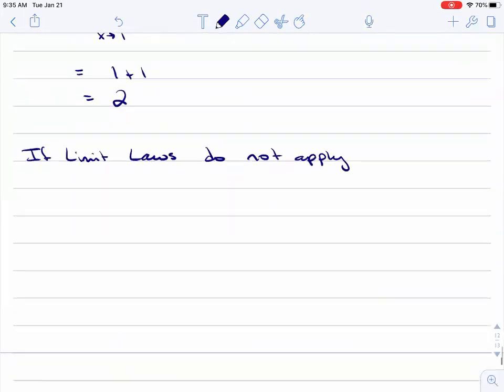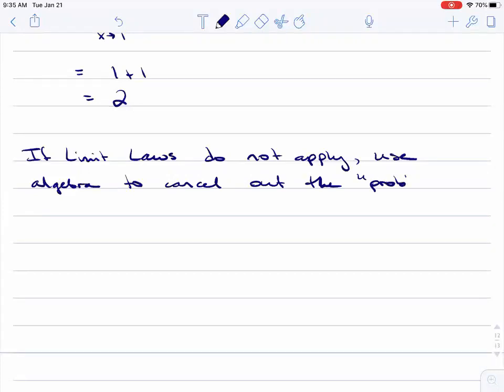And so if the limit laws do not apply, then we use algebra to cancel out, let's call it the problem. The problem in this case was x minus 1.